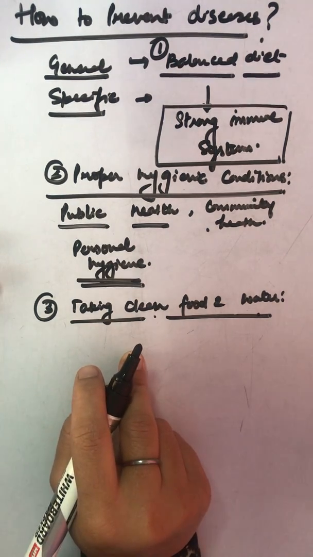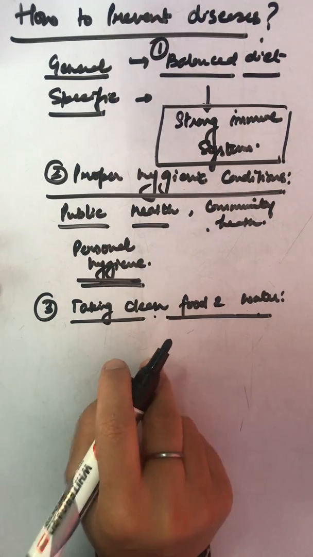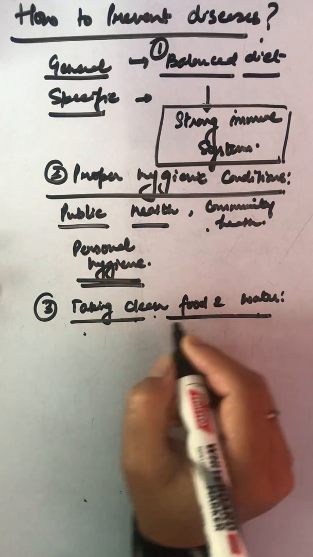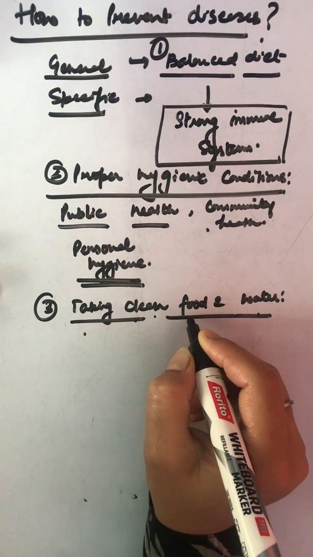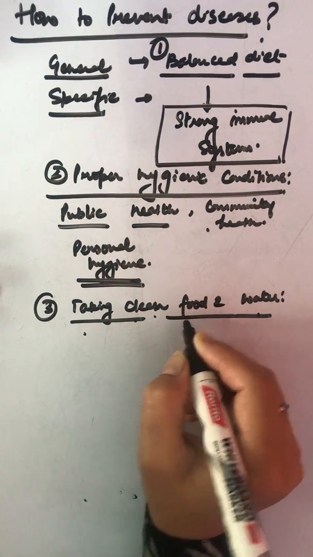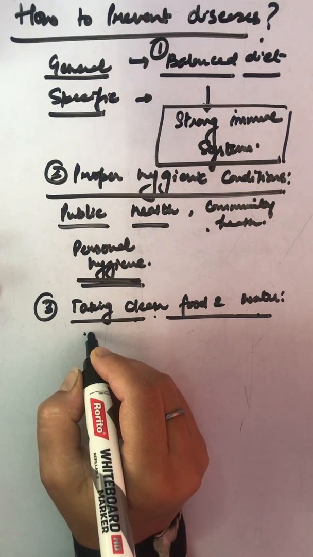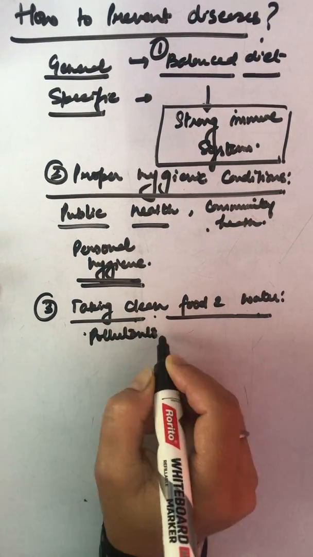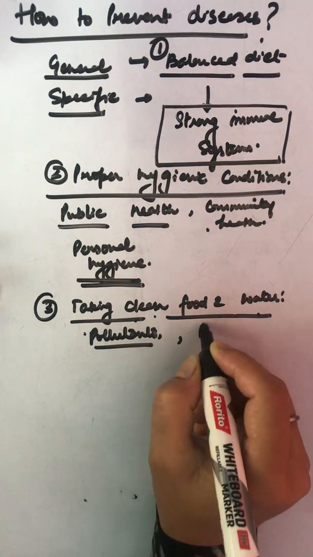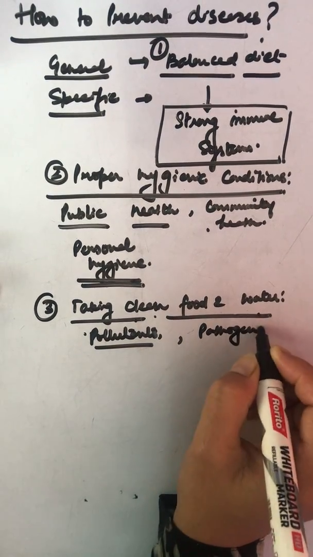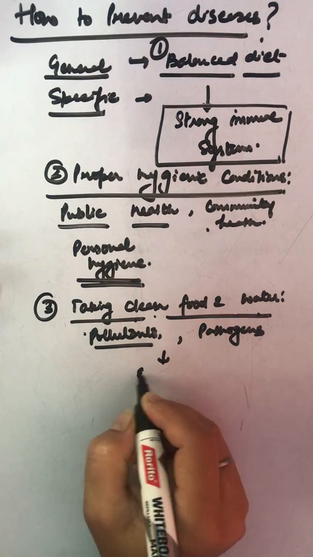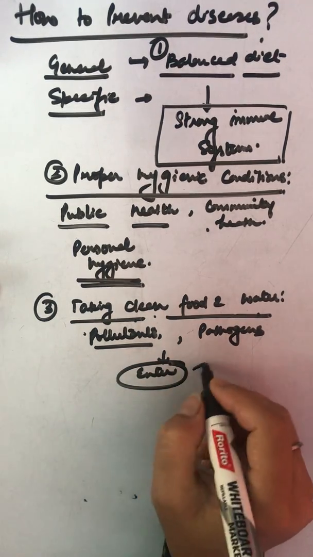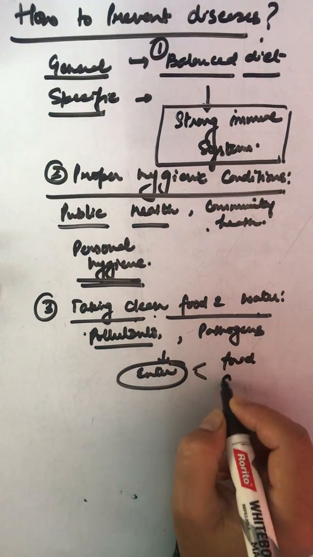Many disease-causing organisms and harmful pollutants in the form of chemicals can enter our body through food and water. Clear? So disease-causing organisms like pollutants and certain pathogens may enter our body through these foods and drinks.